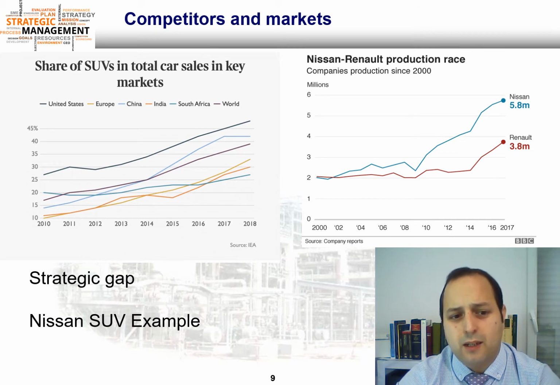One of the companies which saw that the SUV market was going to increase was Nissan. And Nissan increased their sales in the last years due to its investment in SUV automobiles.